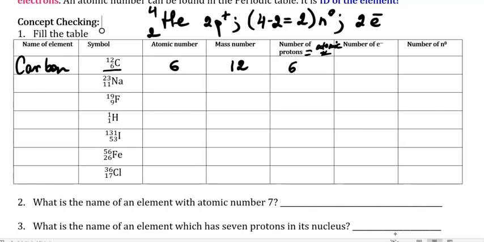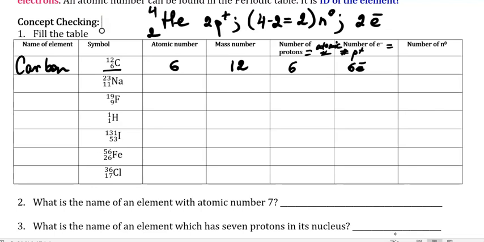Number of electrons. You can write it down to equal the number of protons. Carbon has 6 protons in its nucleus. That's why it has 6 electrons outside the nucleus. Number of neutrons. How do we calculate the number of neutrons?